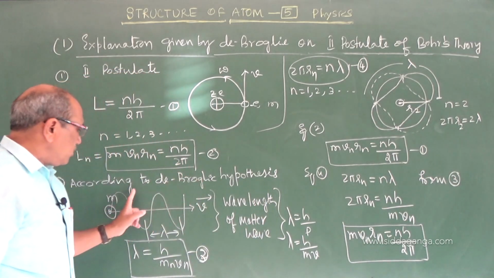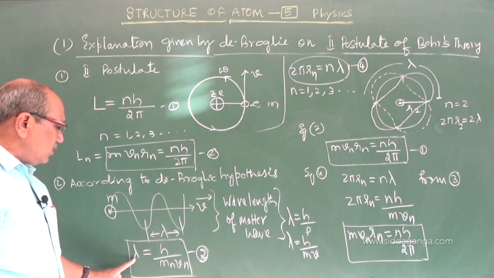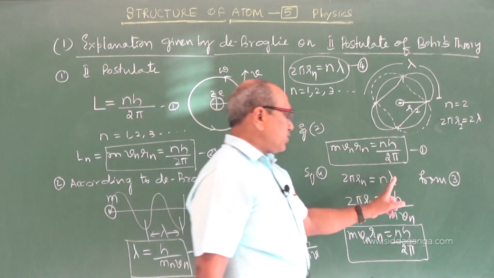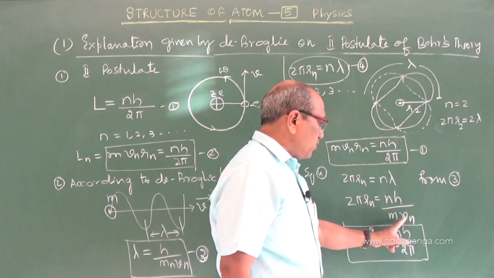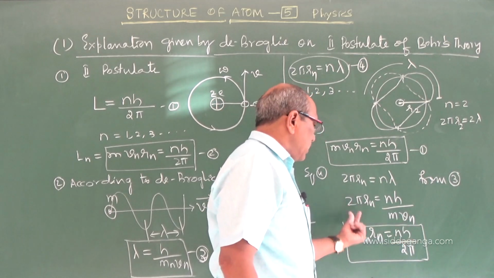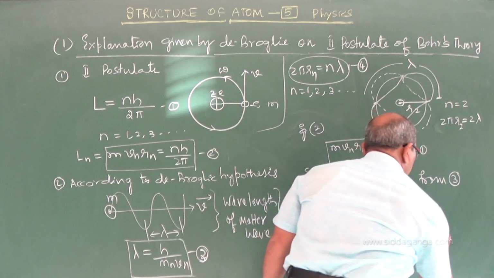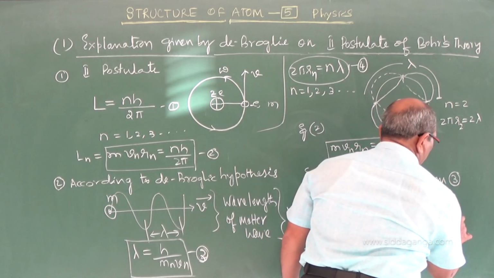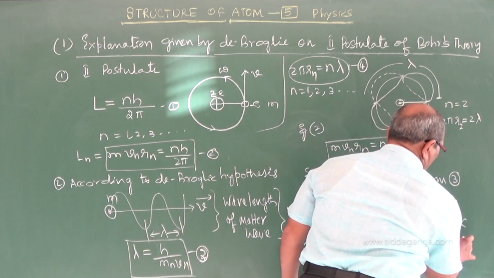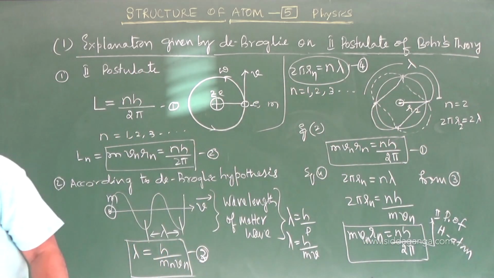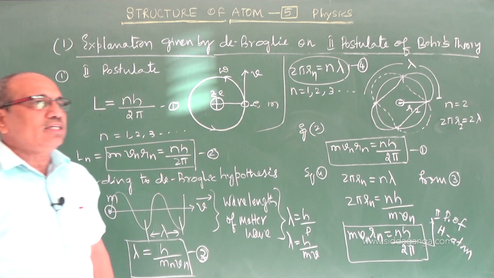According to the de Broglie hypothesis, the wavelength of the electron will be h upon mv. In place of lambda, you can substitute h upon mv. Bring mv to this side and take the 2 pi to the other side. This gives you nothing but the second postulate of the hydrogen atom put forth by Bohr. This is the explanation on the second postulate given by de Broglie.